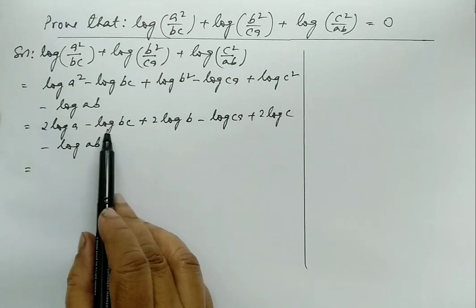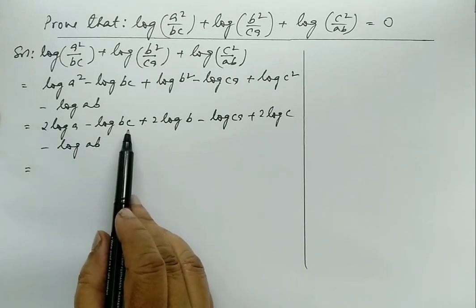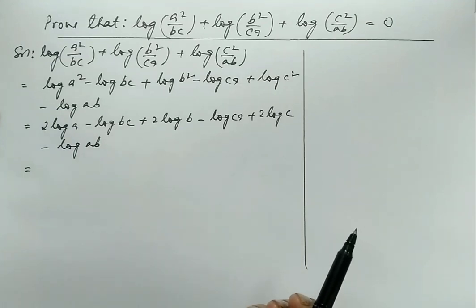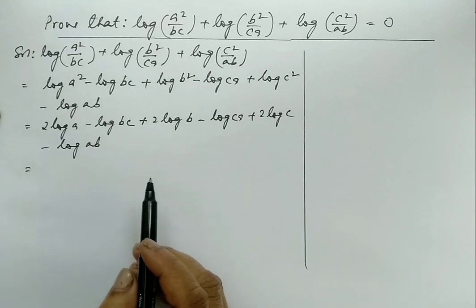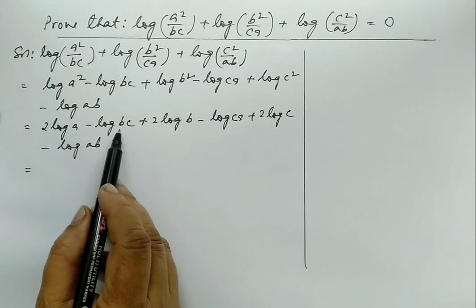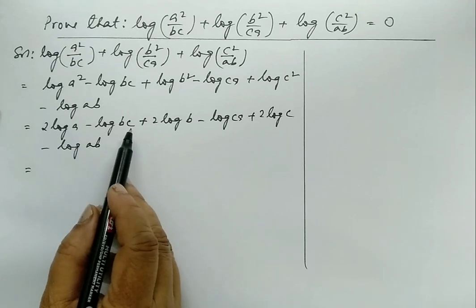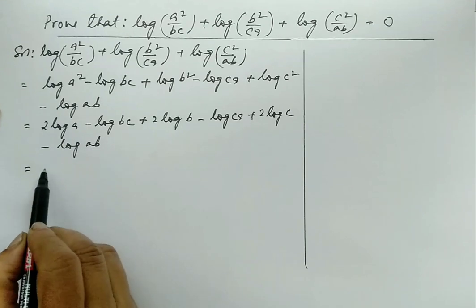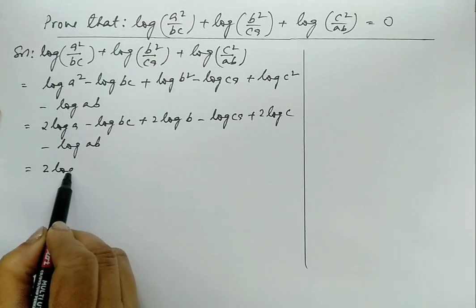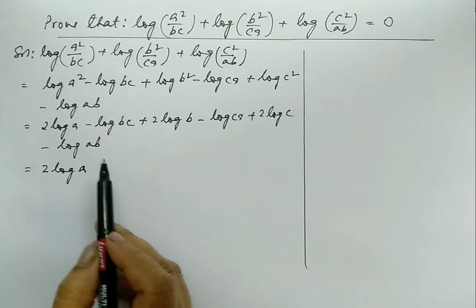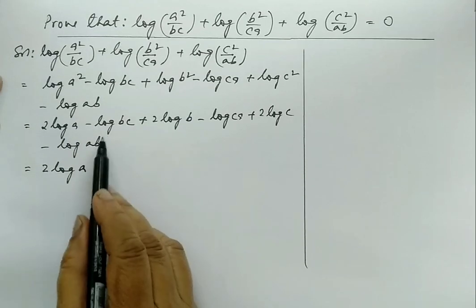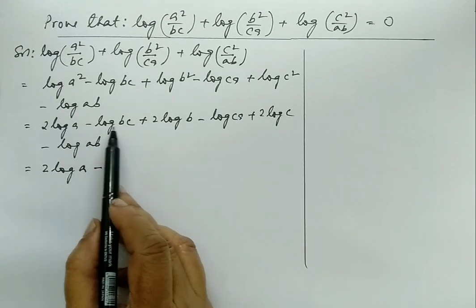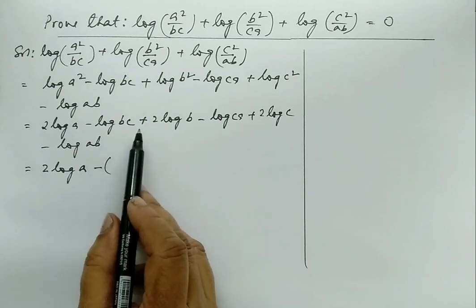Now we know that log mn is equal to log m plus log n, isn't it? So we can write for this log b plus log c. Got it? Now let me just show you. So 2 log a, this doesn't require any modification, but this can be done. Let me put this in bracket because the negative is for the entire b as well as c.